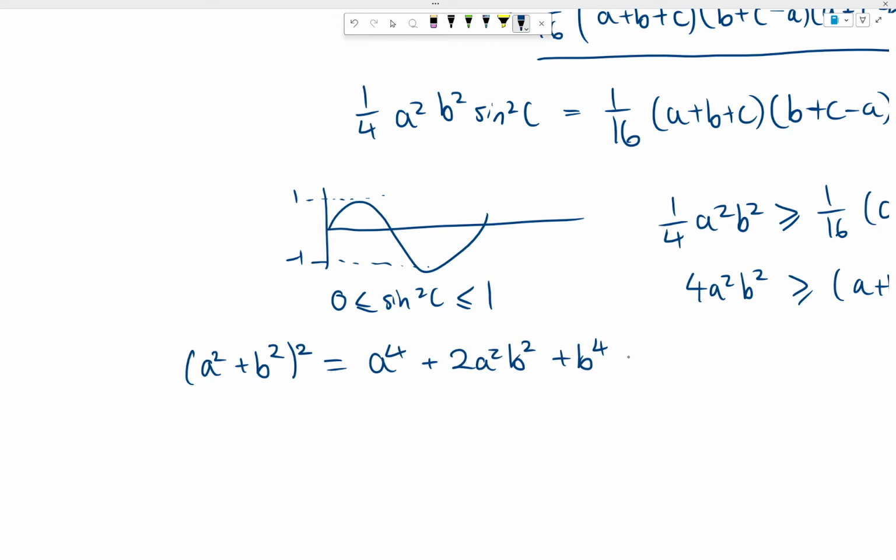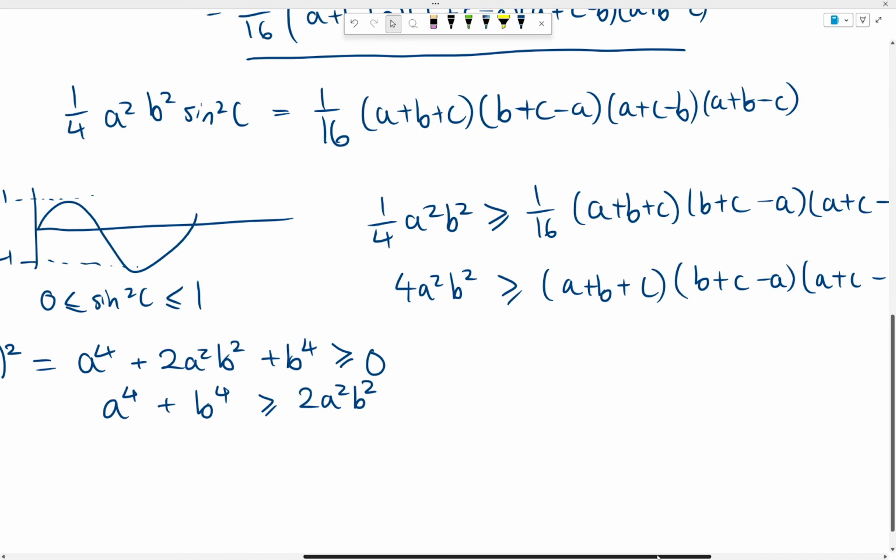And remember, when you square something, it's always greater than or equal to 0. So therefore, a to the 4 plus b to the 4 is greater than or equal to 2a squared b squared.